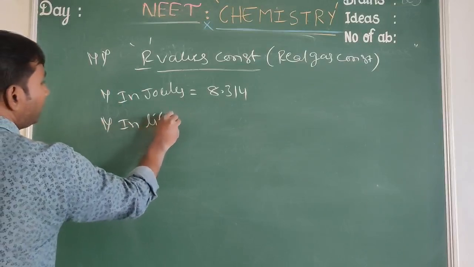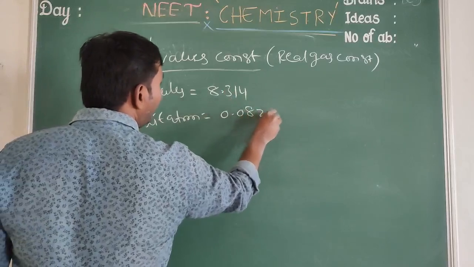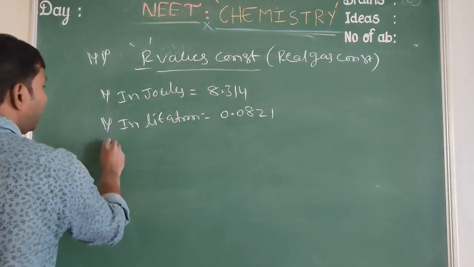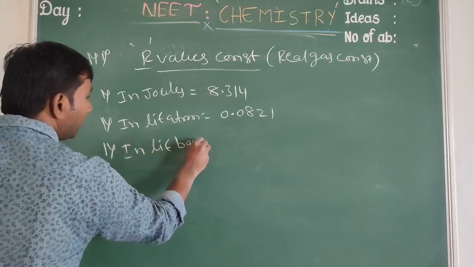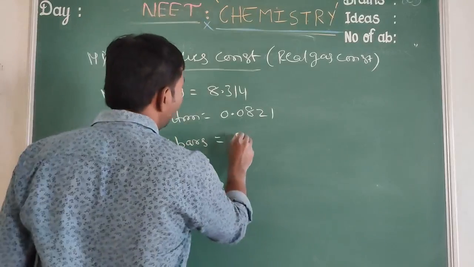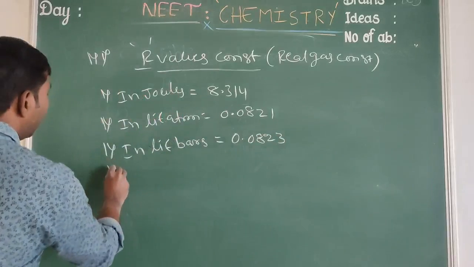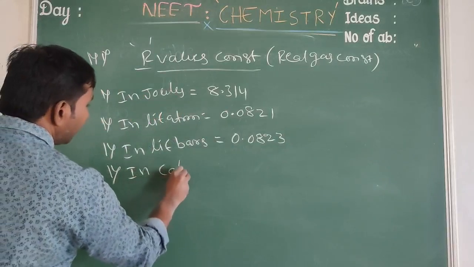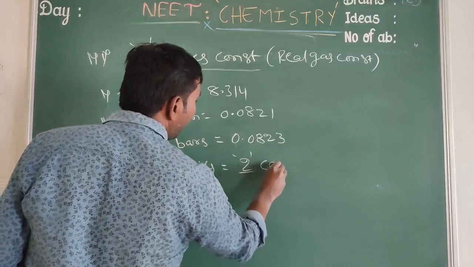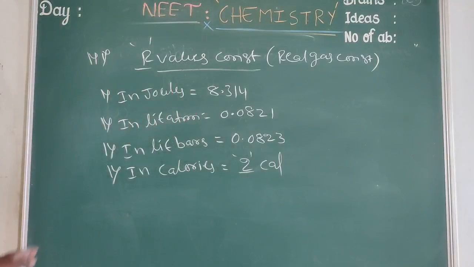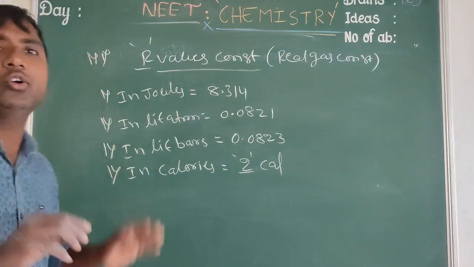In liter atmosphere, it is 0.0821. In liter bar, 0.0823. In calories, approximately 2 calories. So R is a constant value.